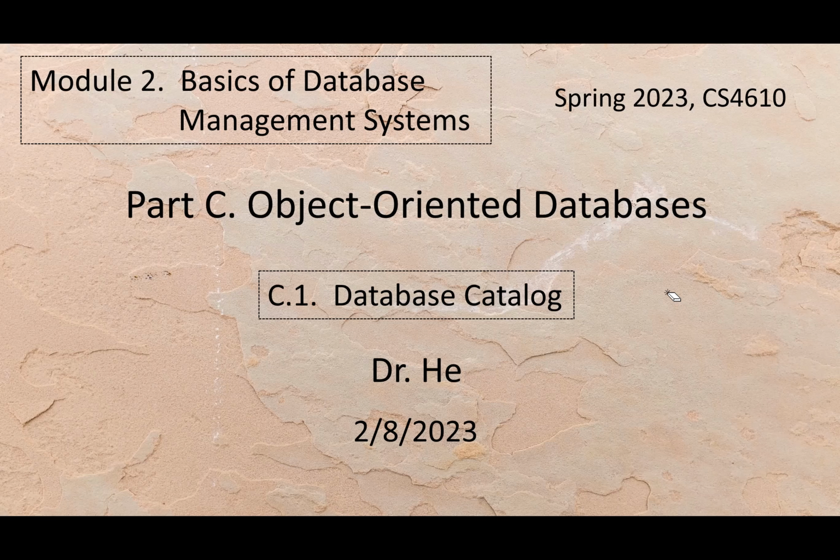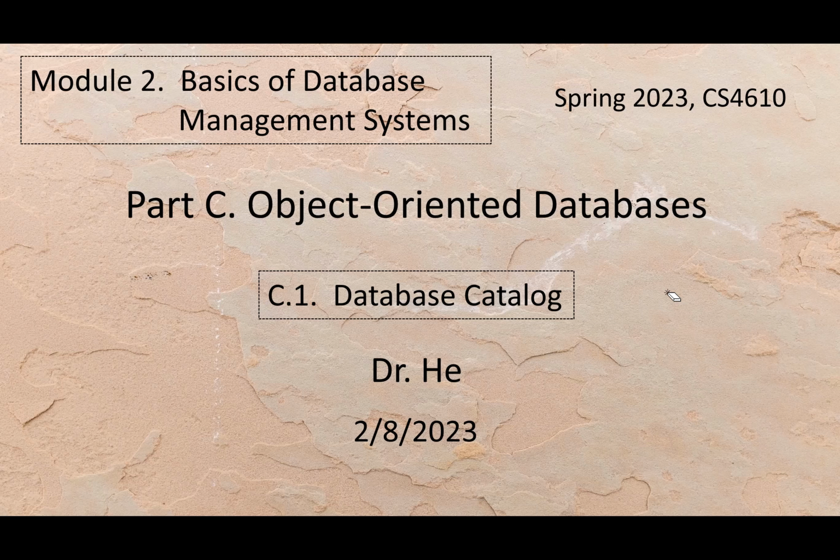Today's topic, Part C, object-oriented databases, a special type of databases. Here, mainly, I like to introduce this concept. But in our real-world applications, this type of databases may not be useful, so I will explain.